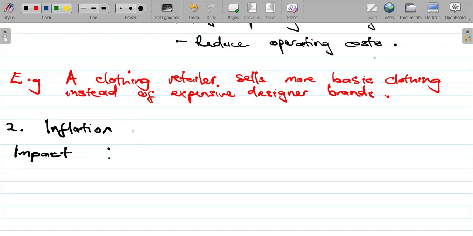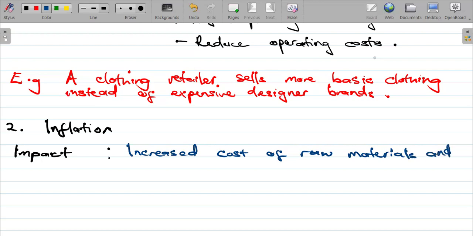So the impact includes increased cost of raw materials and transport.